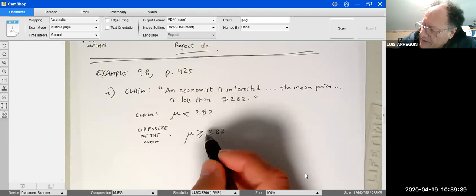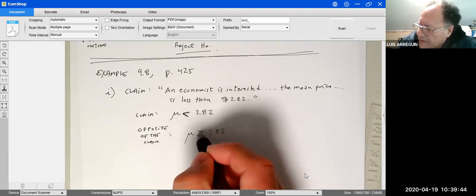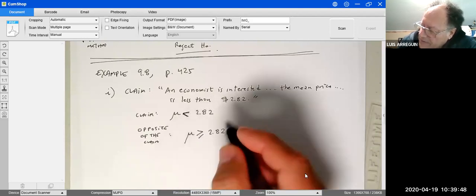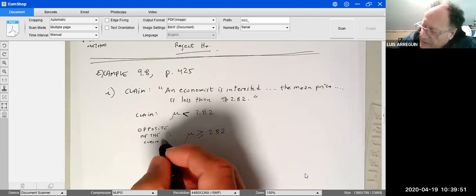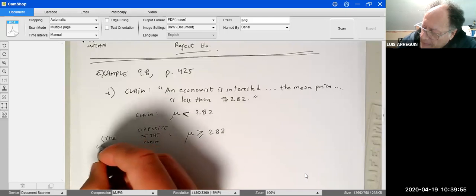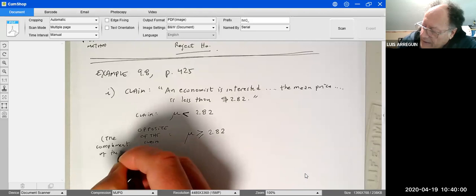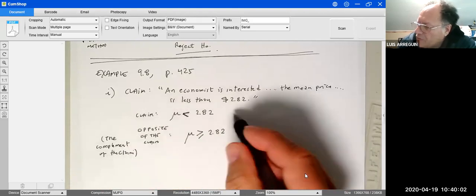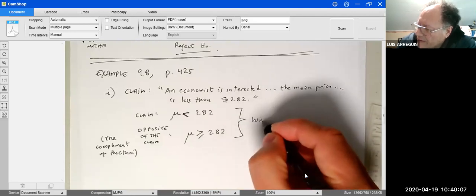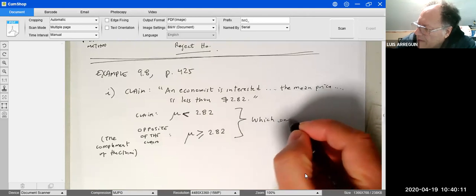So the opposite contains the opposite symbol for the inequality and the equality. So it's the complement. This is another way to say that the opposite of the claim is the complement of the claim. Now you have two expressions, so you're going to find which expression is the alternative.